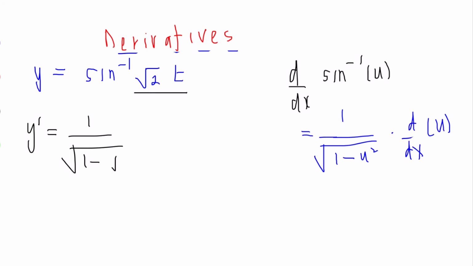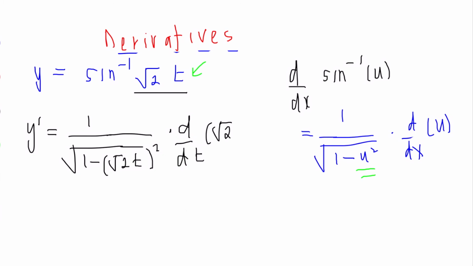So it's sec 2t, and we square that because u is squared. Then we multiply this with the derivative d over dt, since our variable is t, so we differentiate with respect to t, of sec 2t.